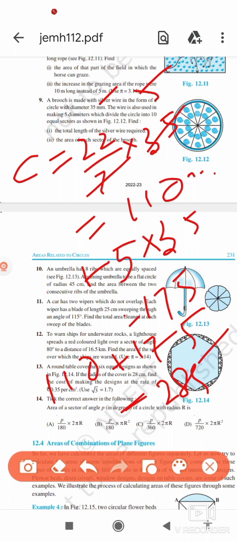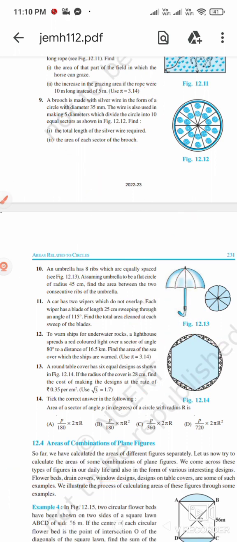Alright. The area of each sector. So if I have so many, I can find out what is the angle which is subtended. When I have 5 diameters, then there are 10 sectors.